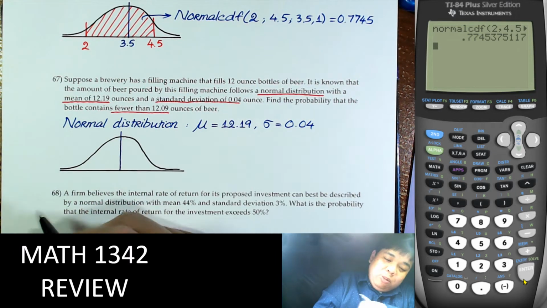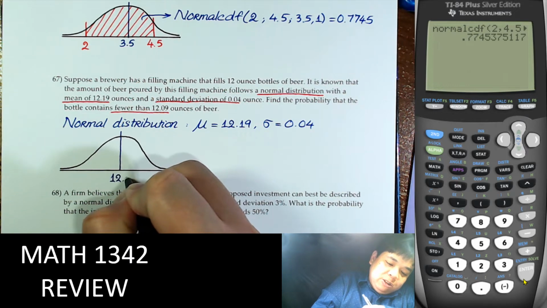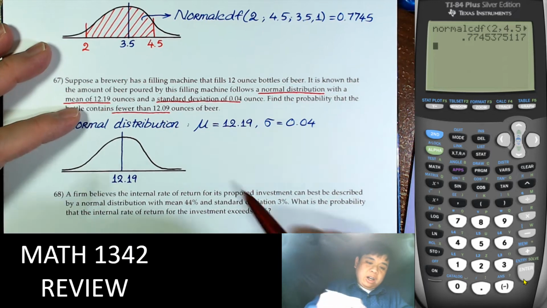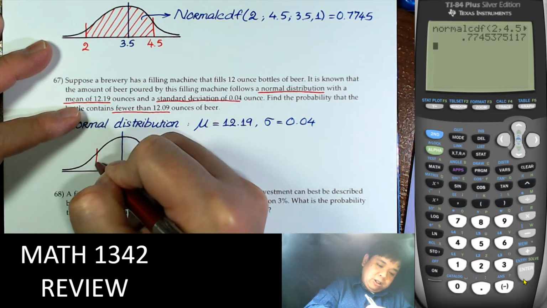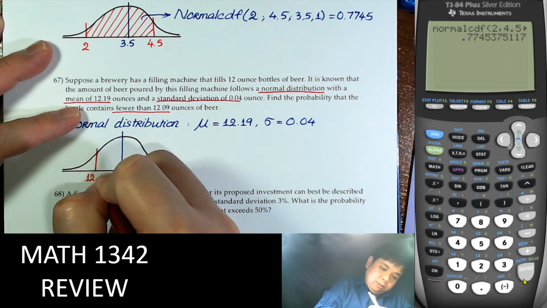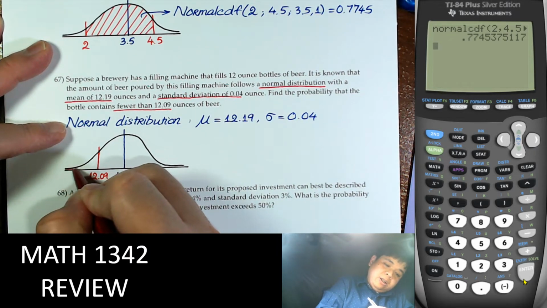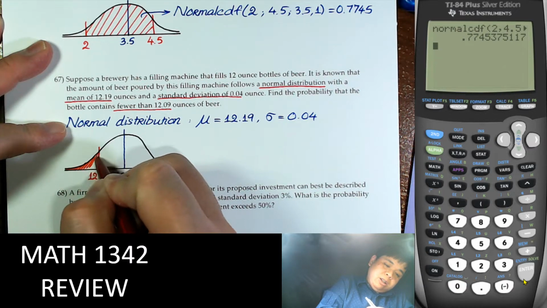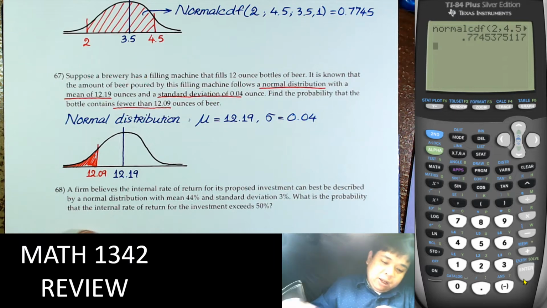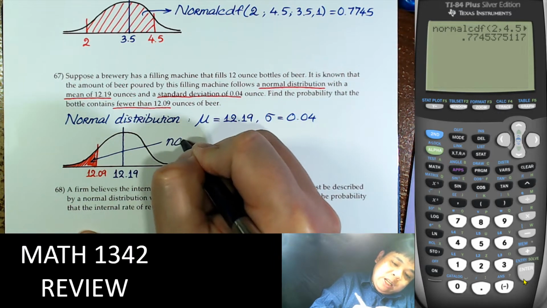Anyway, we know the mean is 12.19, so it will be right in the middle. And this is 12.09, and it's fewer than that. So we are talking about this area there. If we want the area, it is just normal CDF.